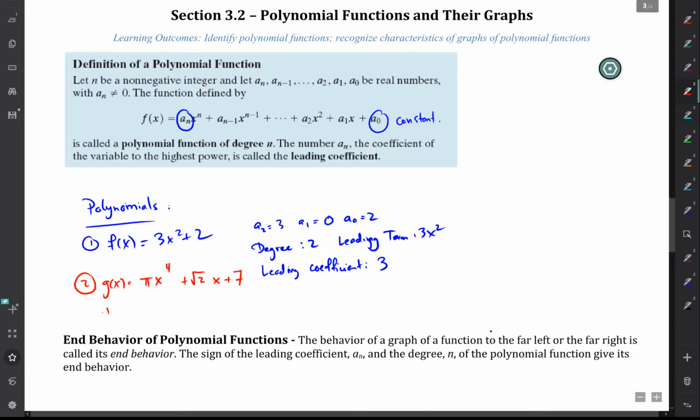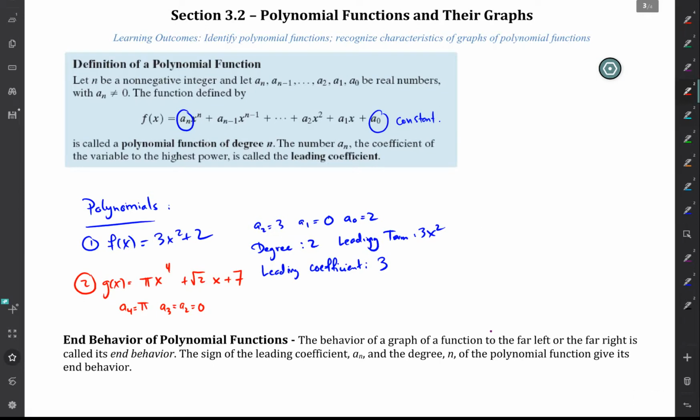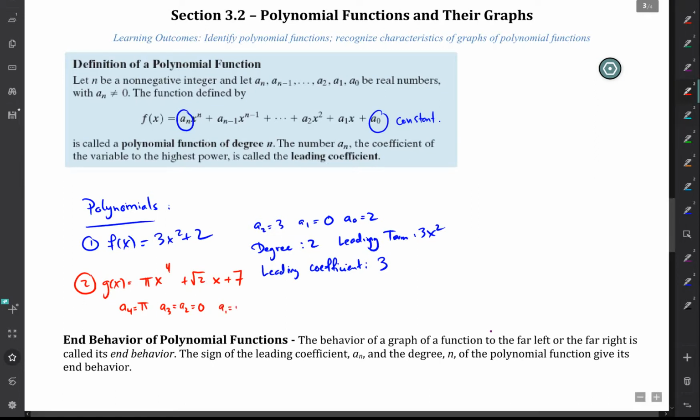In this case, a_4 equals pi, which is a real number. a_3 and a_2 are both 0 because there's no x cubed term or x squared term here. a_1 is the square root of 2, which again is a real number. And finally, a_0, the constant term, is 7.